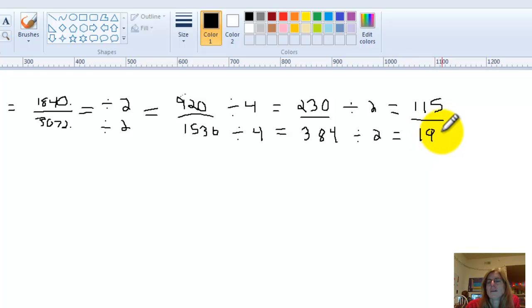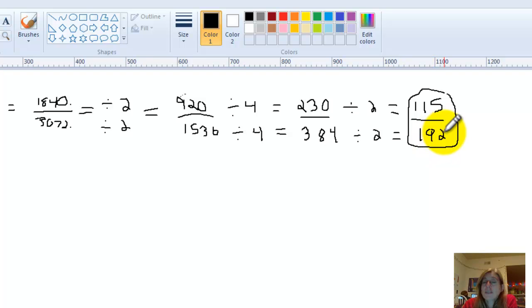My best guess, well, it's not really a guess. I'm sure you can't reduce at this point. This is the final answer. Because this number, 115, is divisible by 5, but this number is not. The top number is not divisible by 3 or 9. I can tell by the divisibility rules. Add the digits. 1 plus 1 plus 5 is 7, so it's not divisible by 3 or 9.